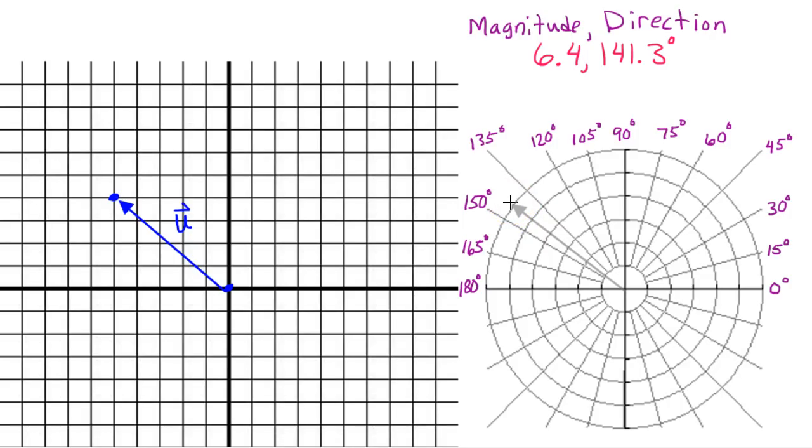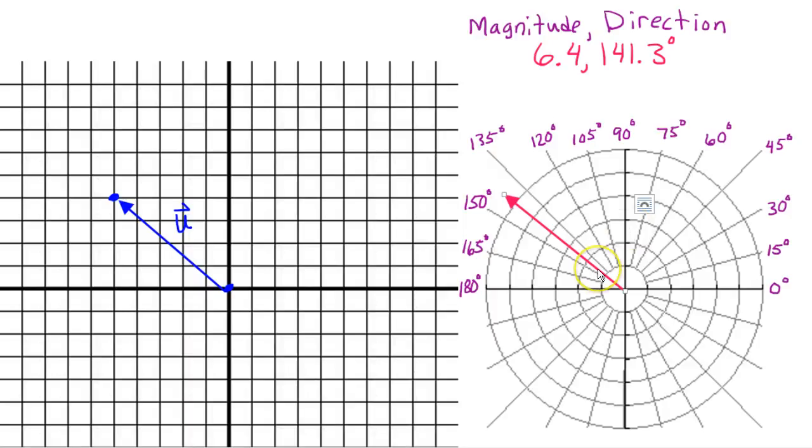Maybe I should be counting by twos. 1, 2, 3, 4, 5, 6. I counted wrong. So this is magnitude 1, 2, 3, 4, 5, 6. The outer circle is magnitude 6. So I need to go a little bit past that. So this would be about right.